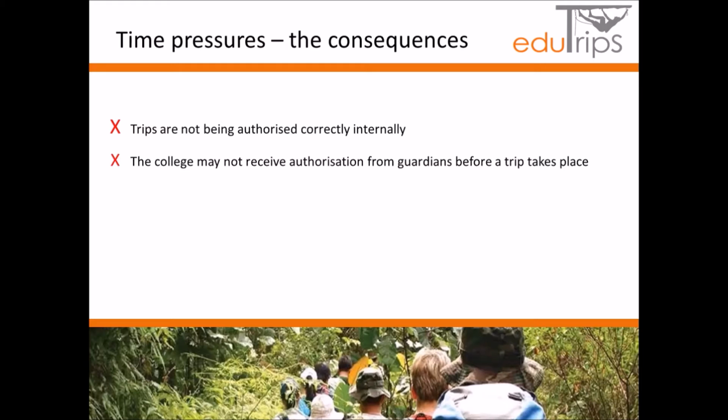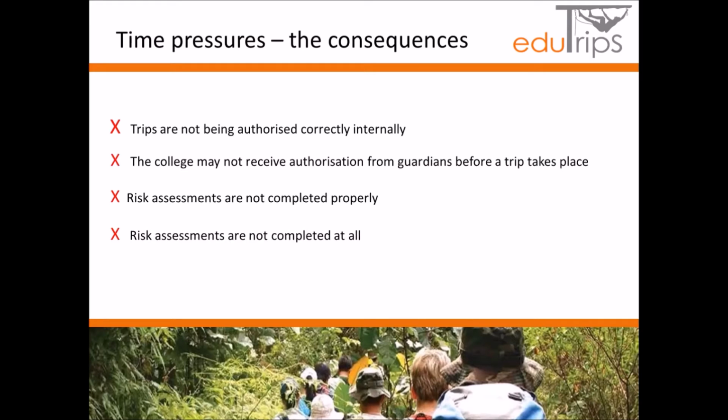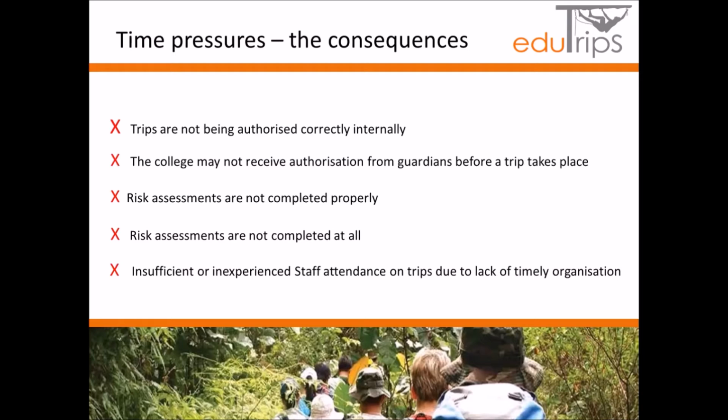A college or a school may not receive authorisation from a guardian before the trip actually takes place. Risk assessments might not be completed properly, or risk assessments might not be completed at all. And also, there may be insufficient or inexperienced staff attending trips due to the lack of timely organisation.